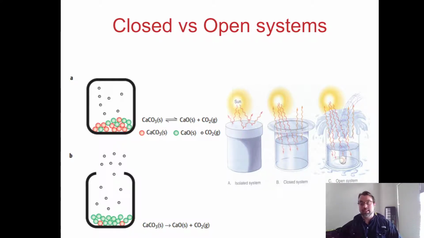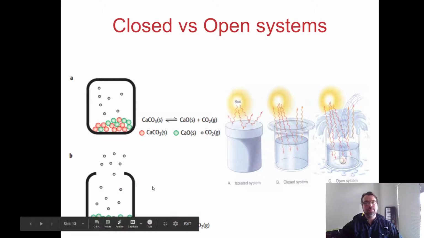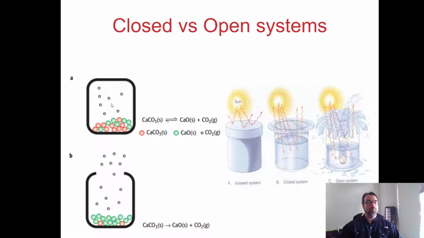And to further go into this, we have an example. One is going to be a chemical example. If we heat up calcium carbonate, it turns into calcium oxide and CO2. In a closed system, we would have an equilibrium where the carbon dioxide would eventually react with the calcium oxide, and we would go back and forth, okay?